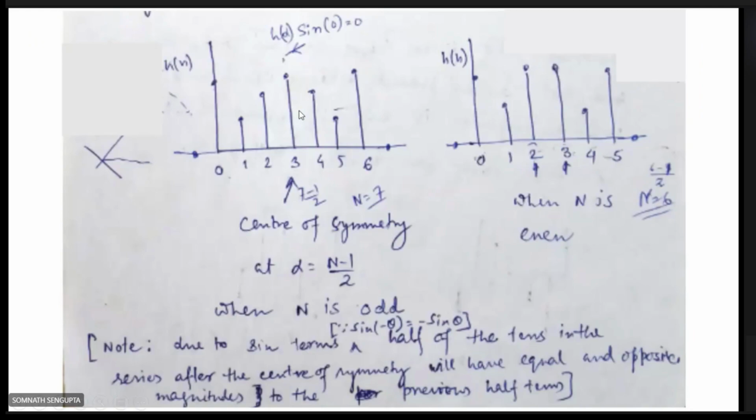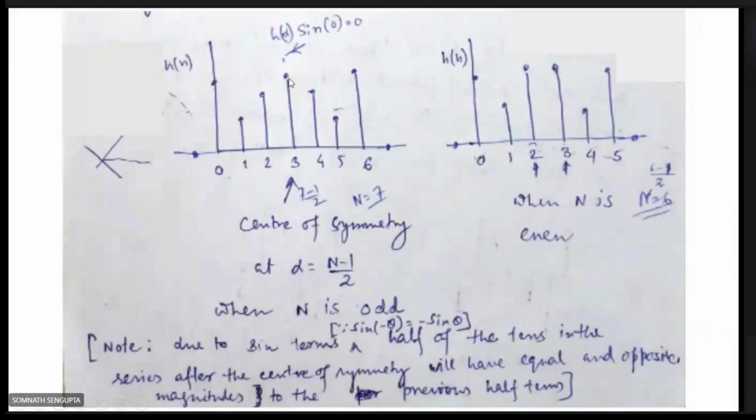So h0 is the same as the value at n is equal to 3, because n minus 1 by 2 is how much? That is 7 minus 1 by 2, that is 6 by 2, that is 3.